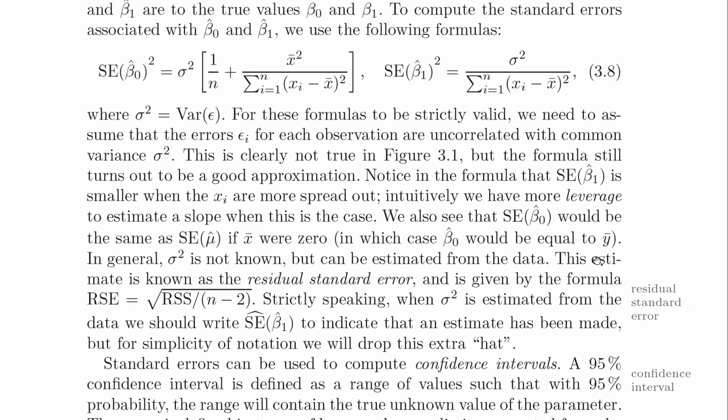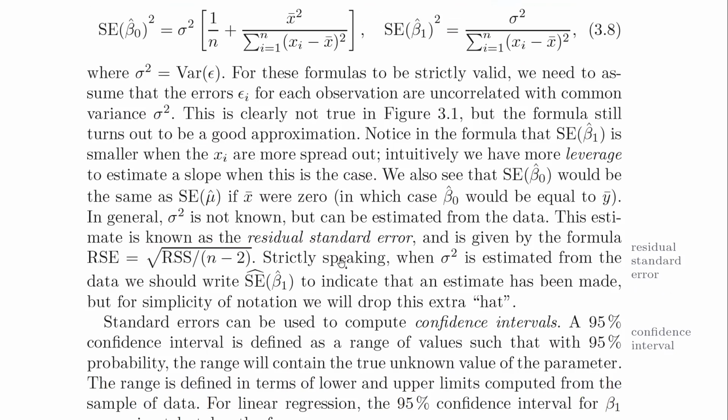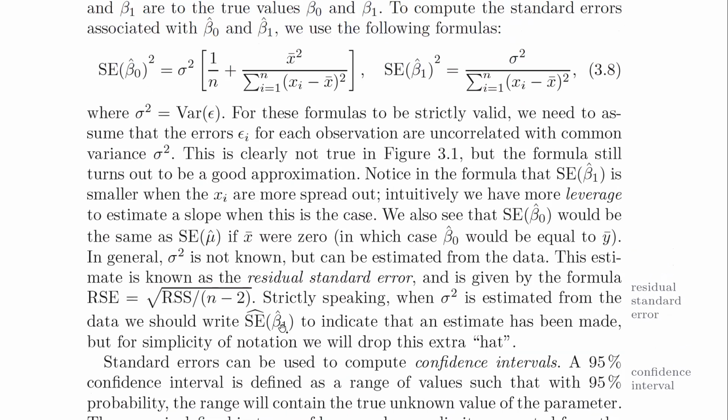This estimate. Which estimate? For beta naught? Strictly speaking, when sigma squared is estimated from the data, we should write standard error hat. So they're saying what you need is a hat over here as well.